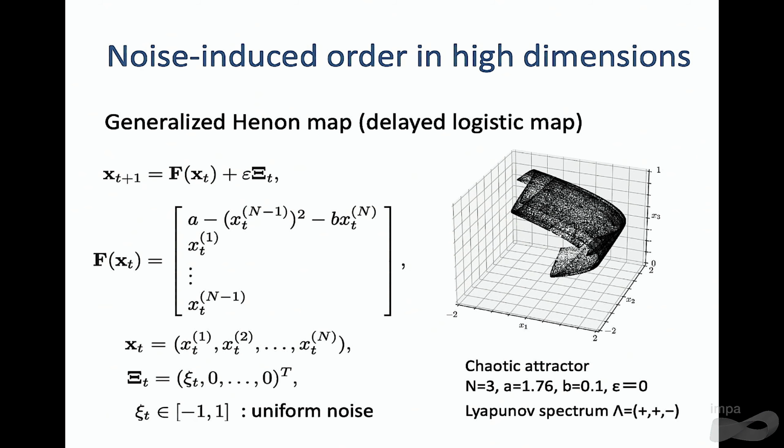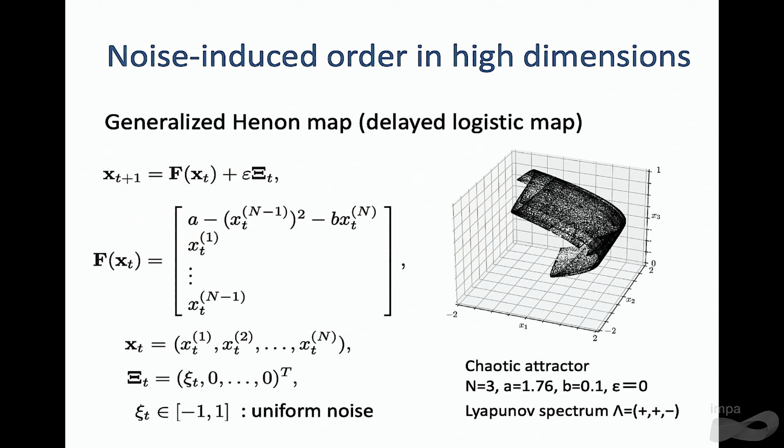Okay, so I will show you another recent numerical experiment. I just found this phenomenon. So I tried to introduce this noise-induced transition concept to higher dimensional dynamics. I take this generalized Hénon map, an n-dimensional map, a delayed logistic map.